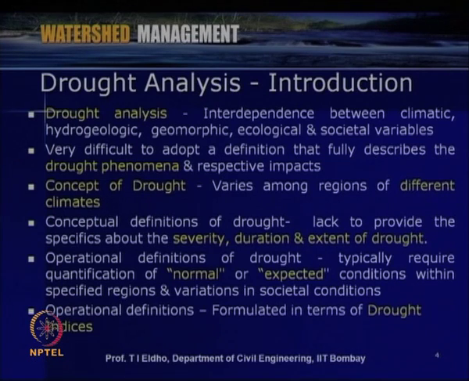So when we discuss drought analysis, we have to see the interdependence between these various variables, like the climatic variables, hydrogeological variables or geomorphological variables. That way it is very difficult to adopt a definition that fully describes the drought phenomena and respective impacts.